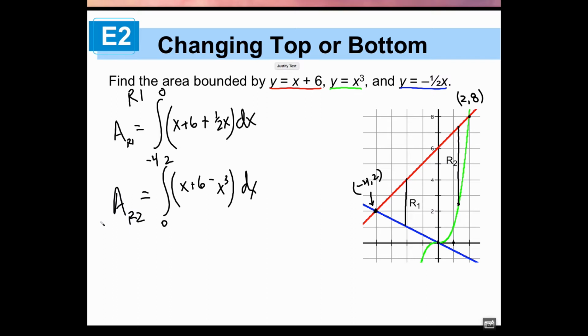Any problems with this? You'll notice that once you have it set up, these aren't incredibly difficult integrals to solve. So then you plug them in, and then what do you do since you have 2 regions? So then the area bounded by, that total area, if we want to get fancy, would be equal to the area of region 1 plus the area of region 2. Yeah, add them up.